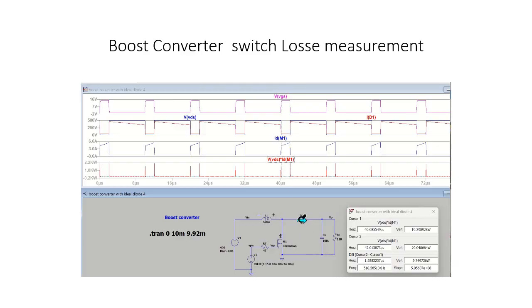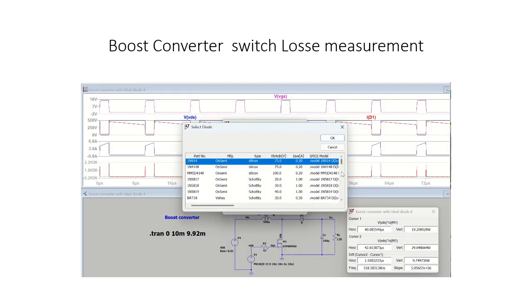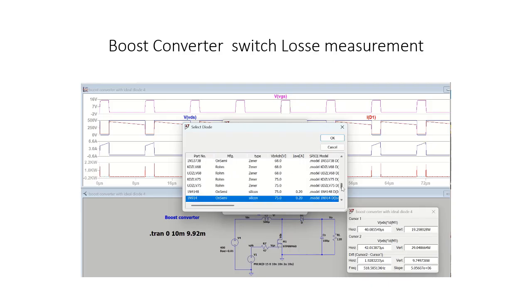Let me change the diode. I right click here, pick a new diode, and go for a 600 volt diode. It has to be a fast recovery diode, otherwise the loss will be much higher. You can try a slow recovery diode and you can check the losses will be higher.